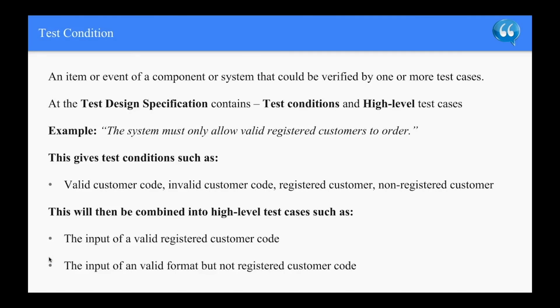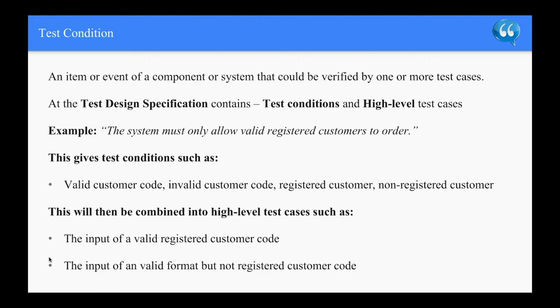So what's a test condition? An item or event of a component or system that could be verified by one or more test cases. The test design specification contains test conditions and high-level test cases. Example: the system must only allow valid registered customers to order.